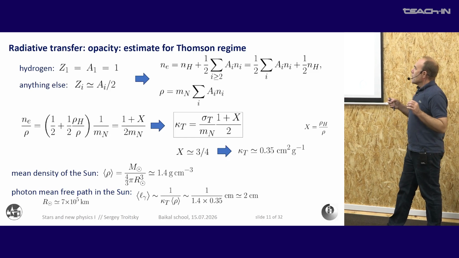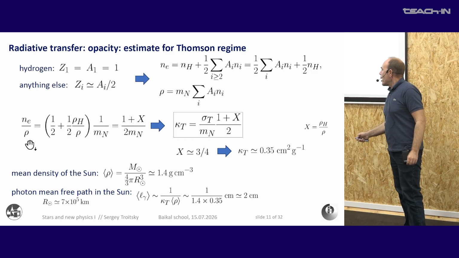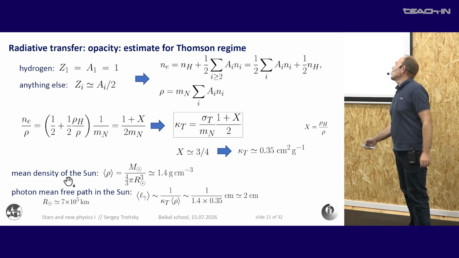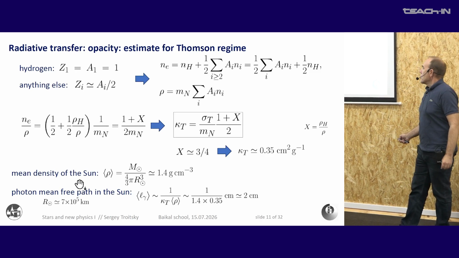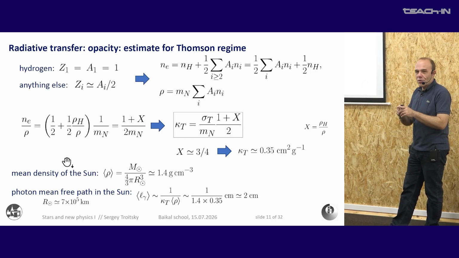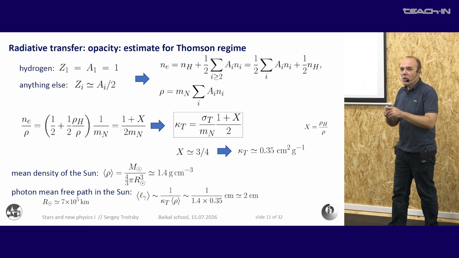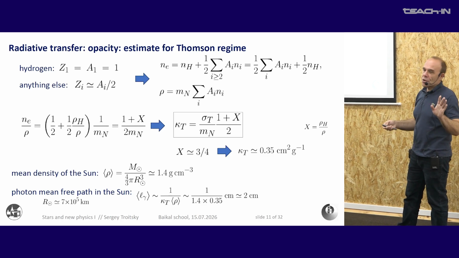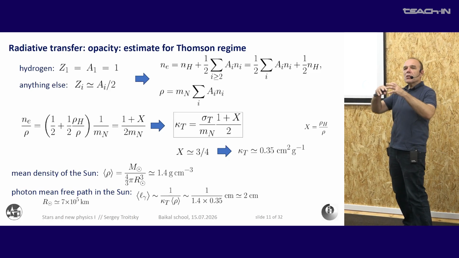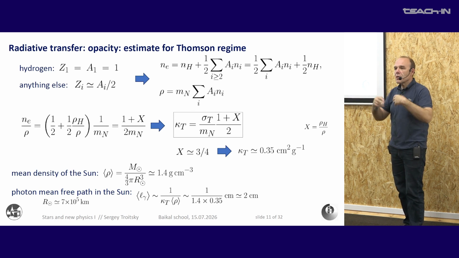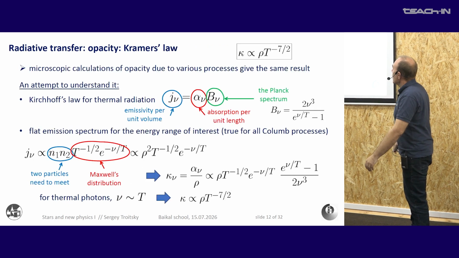So, keeping in mind that the solar radius has this value, we see that the mean free path in the sun is much, much shorter. And this means that we can, to some approximation, imagine the radiation transfer in the sun as a diffusion of photons.